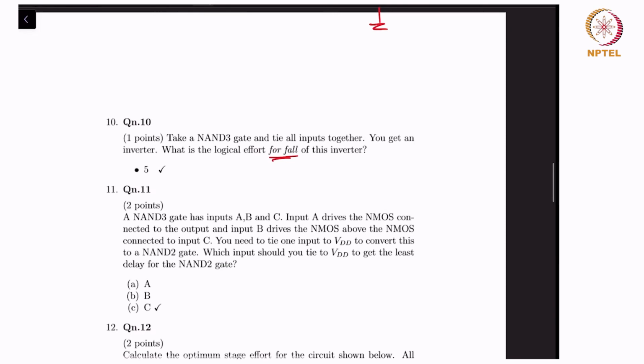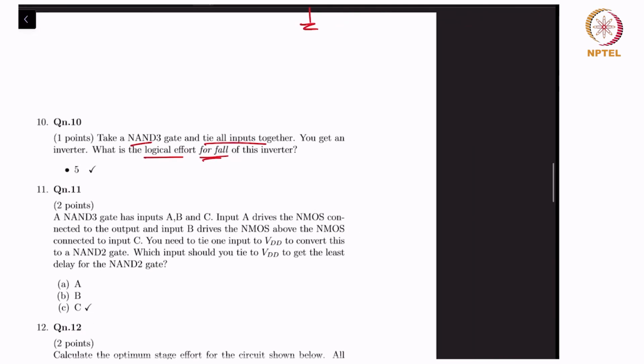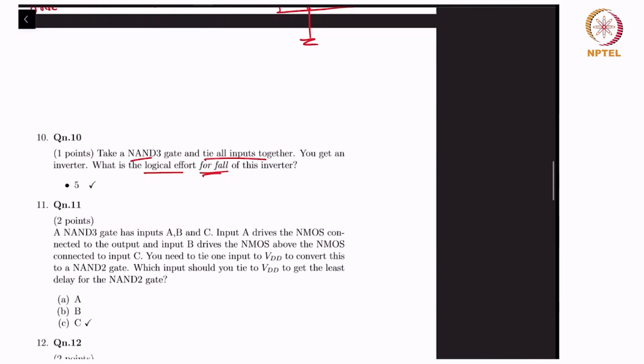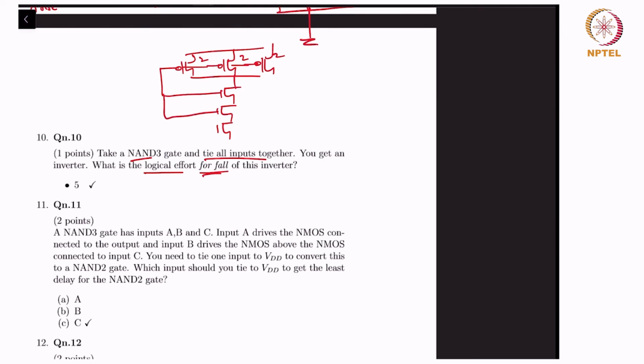Similarly, for fall logical effort, a NAND 3 with inputs tied together. So we take a NAND 3, which is 1, 2, 3, all size 2, 2, 2, and 1, 2, 3, and tie all the inputs together. So it's A, this is Y, it's an inverter.